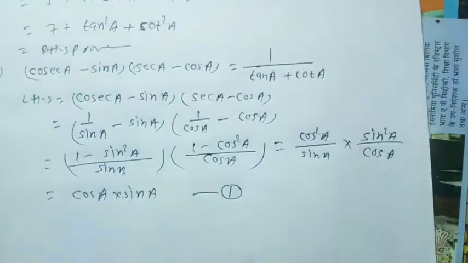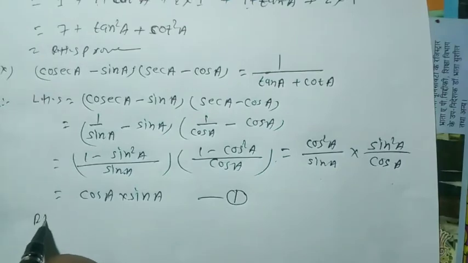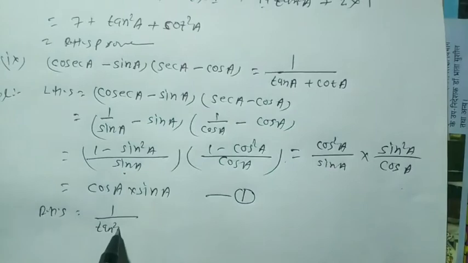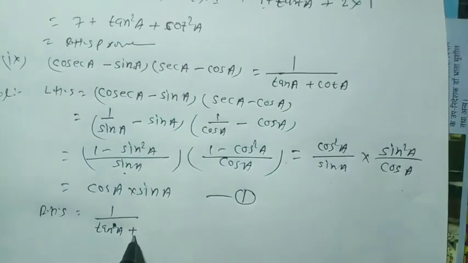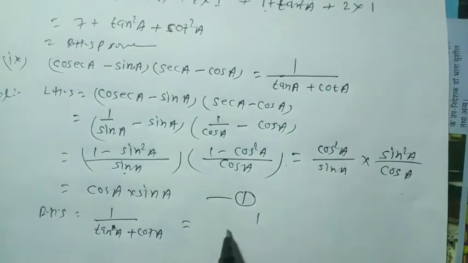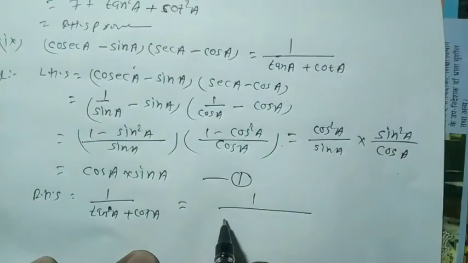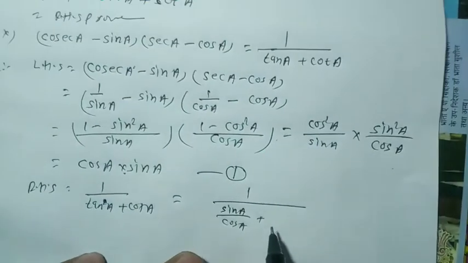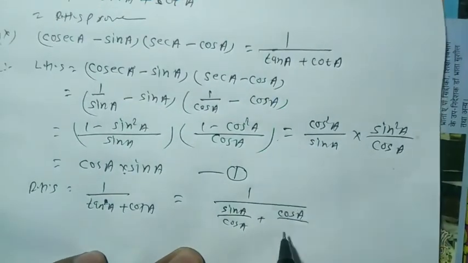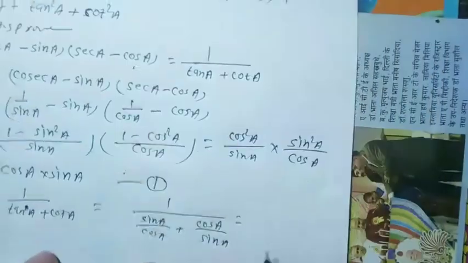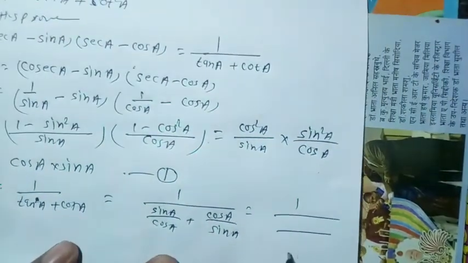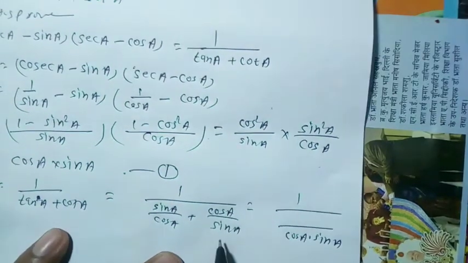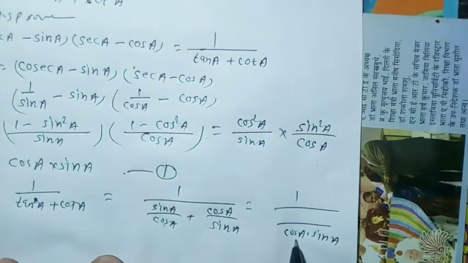Equation 1. Now RHS = 1/(tan A + cot A). tan A = sin A/cos A and cot A = cos A/sin A, so 1/(sin A/cos A + cos A/sin A). LCM is cos A into sin A, so (sin² A + cos² A)/(cos A sin A).